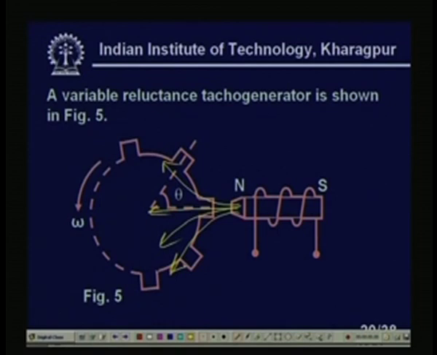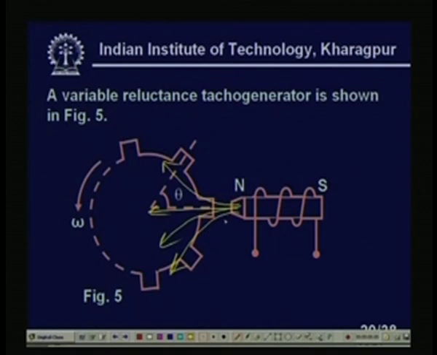What will happen is that when this tooth or blade comes very close, actually this gap is very small. Just for the sake of understanding, we have drawn such a larger gap. Theoretically, in the variable reluctance tacho generator, this gap is very small.